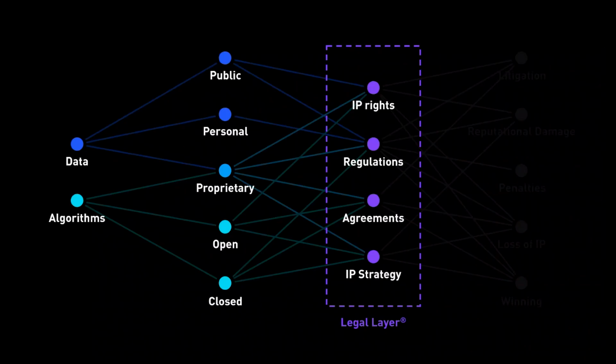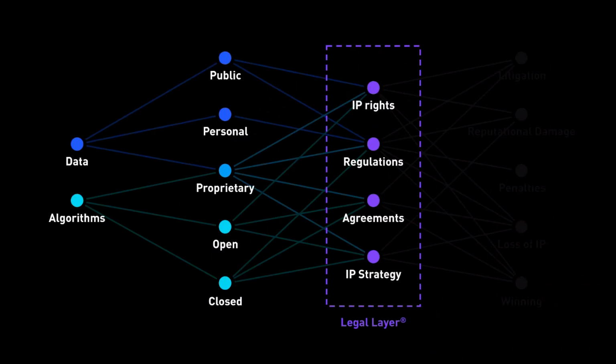The next layer is the legal layer, and this is where the action really happens from my point of view. It includes various legal considerations relevant to the data and algorithms before. So for today's purpose, it includes IP rights, so that's things like patents, trade secrets, copyright, regulations, things like the GDPR, the forthcoming AI Act, agreements, in particular commercial agreements involving IP, and IP strategy.